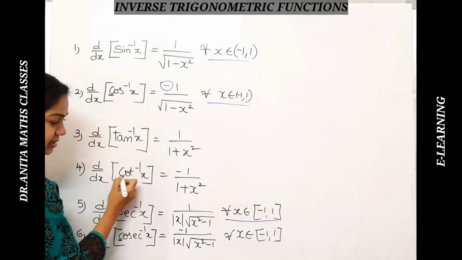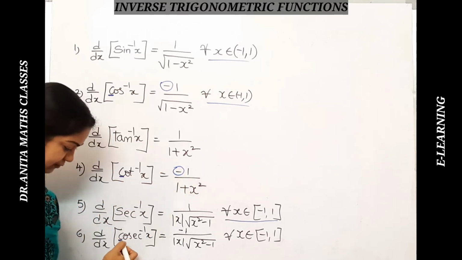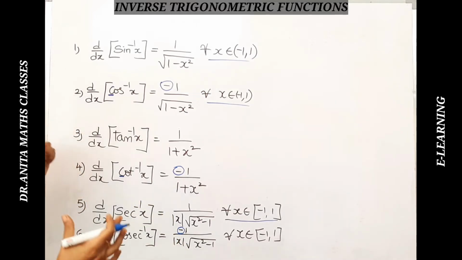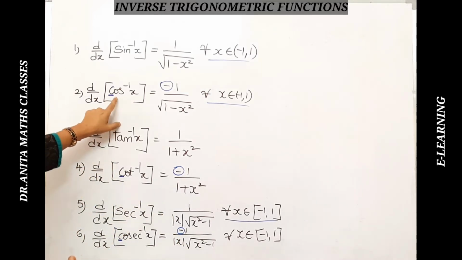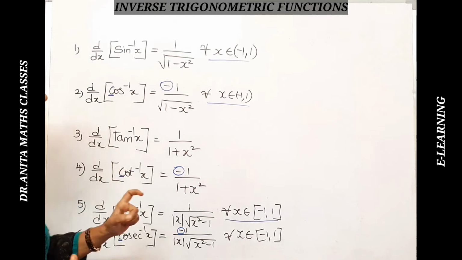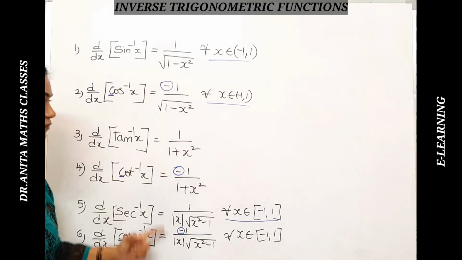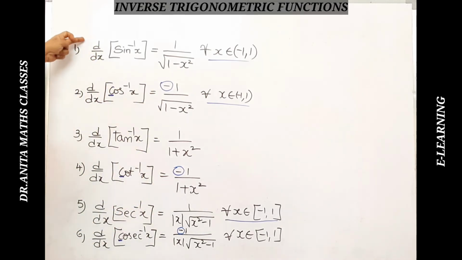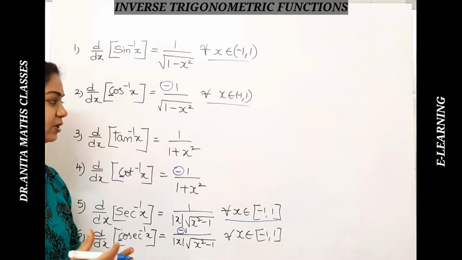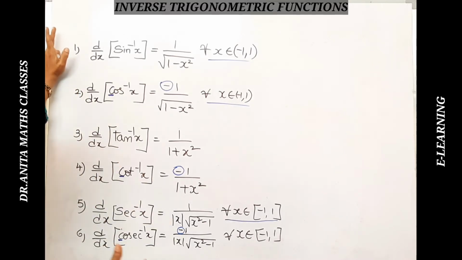For you to remember easily and quickly, you can use this trick: wherever the c is involved, we get the negative sign. If you remember only three, that is sine inverse, tan inverse and secant inverse, you can get the other three inverse trigonometric ratios. Now pause the video and note it down, and then we move on to the problems.